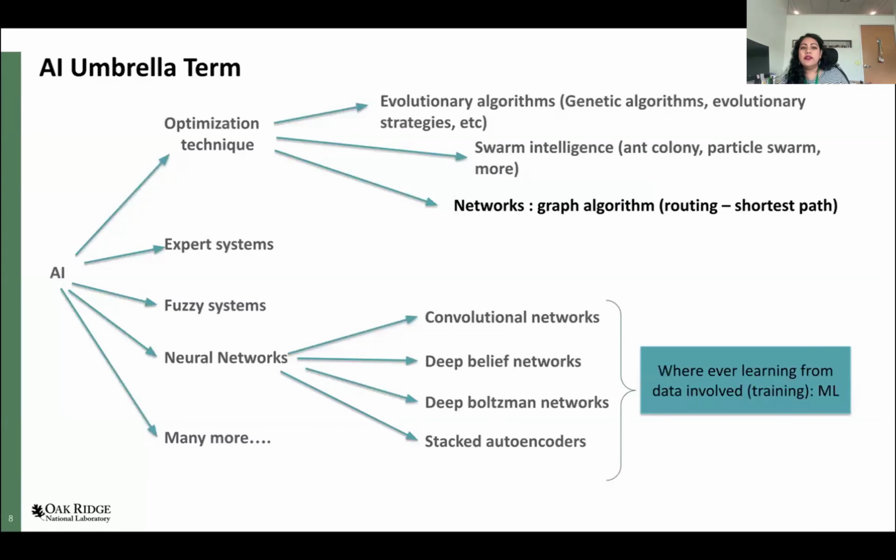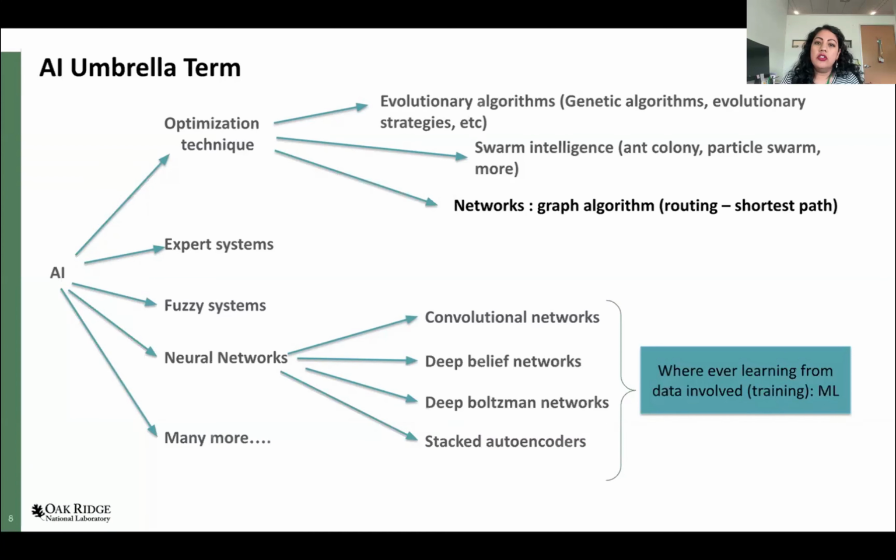AI itself is an umbrella term. It encompasses a lot of things. Optimization, expert systems, neural networks all come under this. And within neural networks, deep learning, convolutional neural networks, and everything comes under that. The main difference of neural networks compared to other AI techniques is that you learn from data given to you.